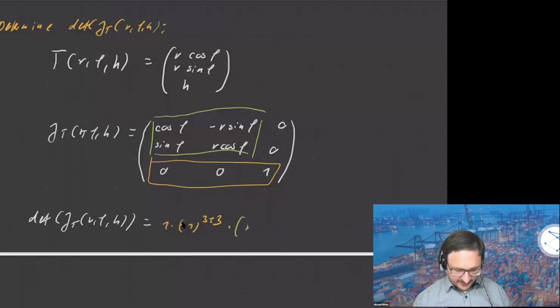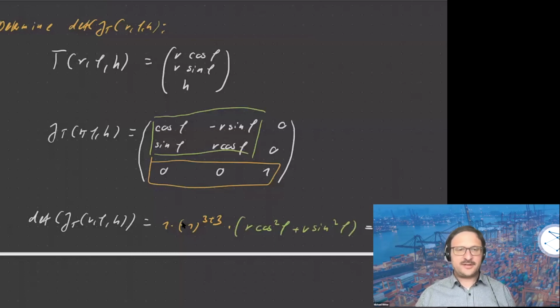And that is r times cosine squared phi plus r times sine squared phi. So what we get is, well, minus 1 to the 6 is just plus 1. Cosine squared plus sine squared is 1. We can take the r out, so all that's left is r. So this has the same determinant as the polar coordinate transformation. It's not very surprising, because we do not actually change anything with respect to x3.